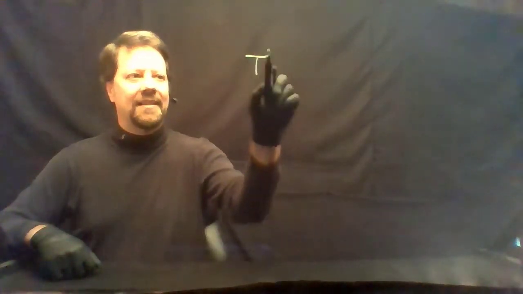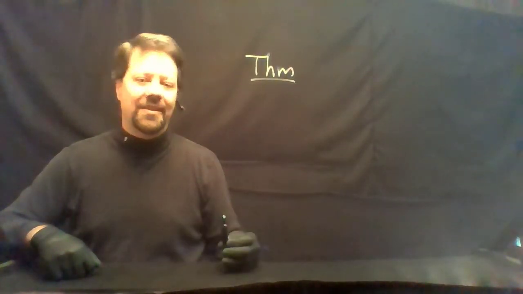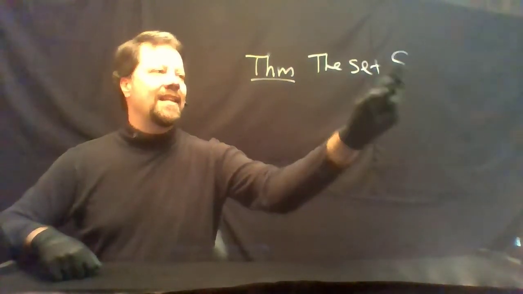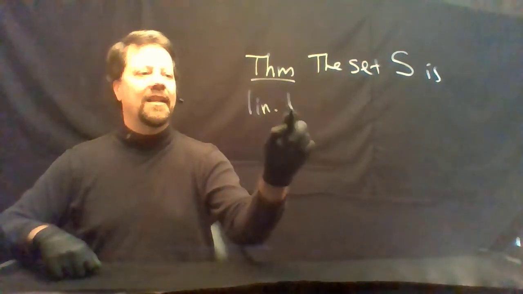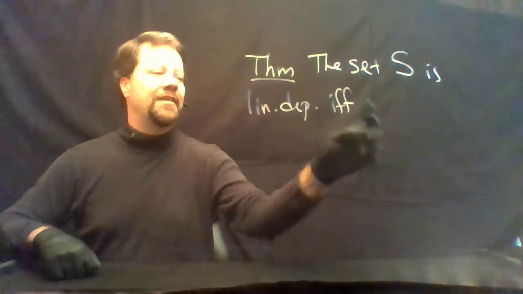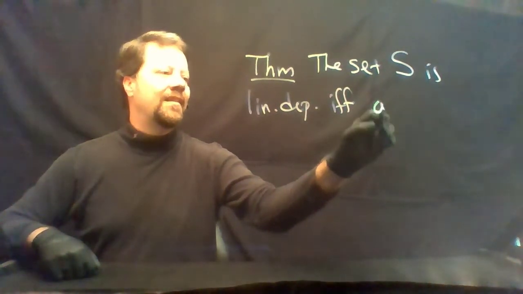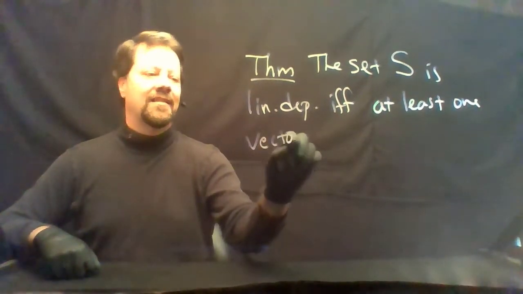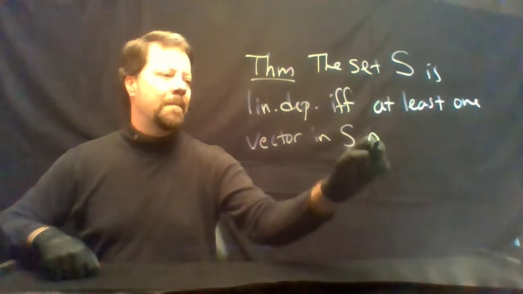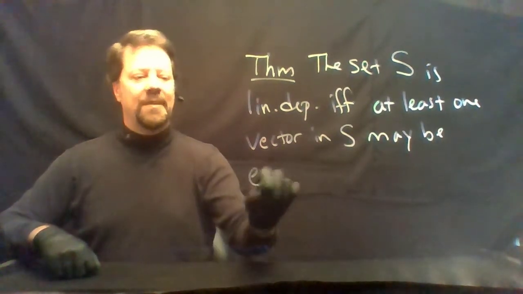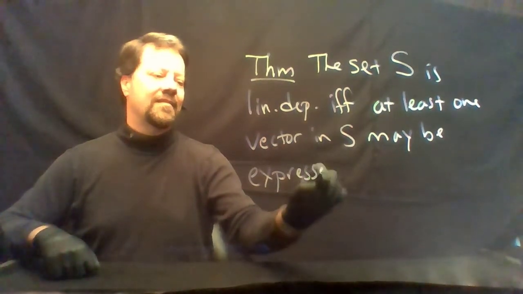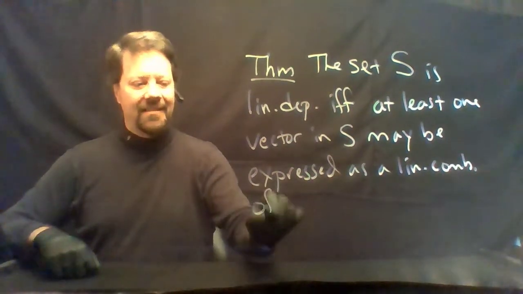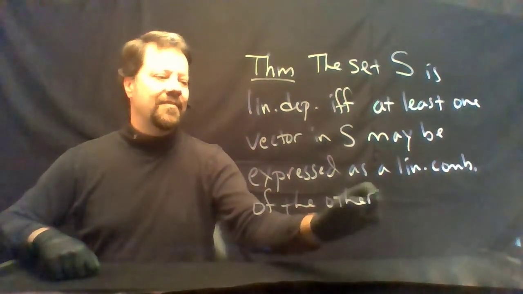We also have the theorem that we've kind of been referring to or talking about. The set S is linearly dependent if and only if at least one vector in S may be expressed as a linear combination of the others.